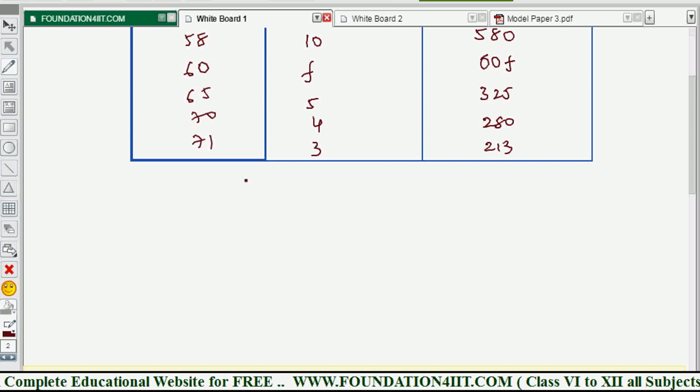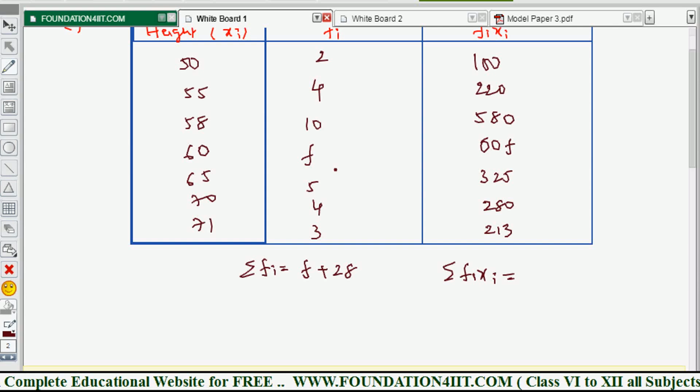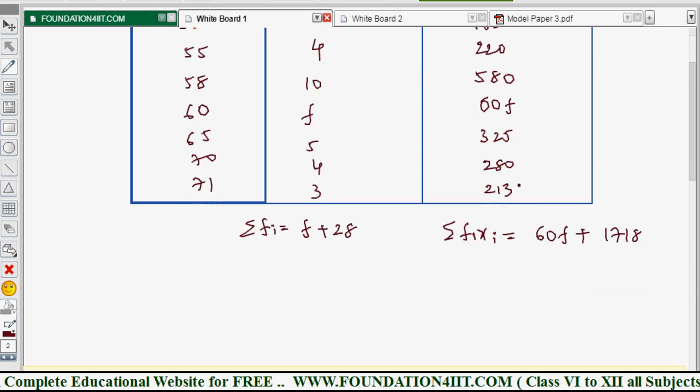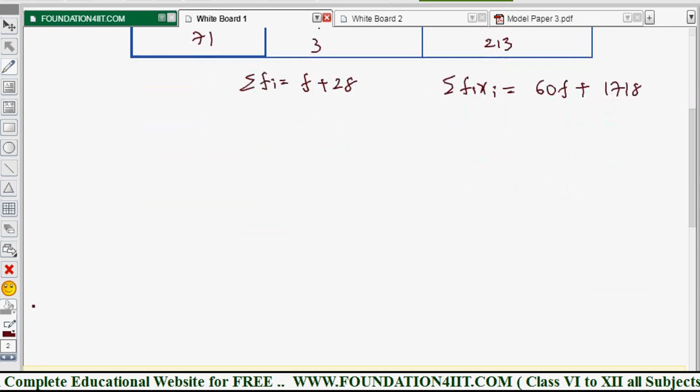We need sigma fi and sigma fi xi. Except f, if you add the remaining numbers, we get 28. So f plus 28. And except 60f, adding the remaining numbers, we get 1718. Now both will apply in the mean formula.